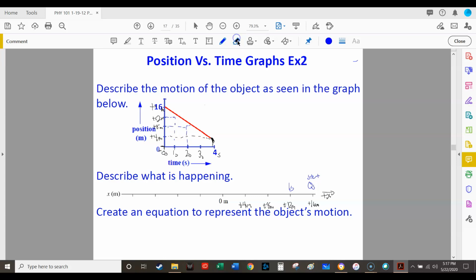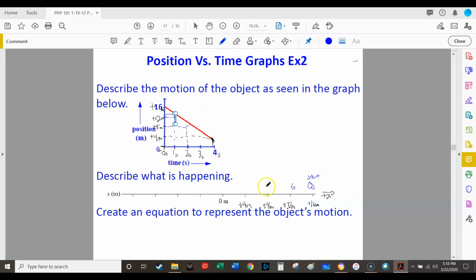So let me just try to fix the times. It looks like this 1 second mark looks like it's somewhat shy of this 12 meter mark. So I'm going to say this is about the 1 second mark right here.